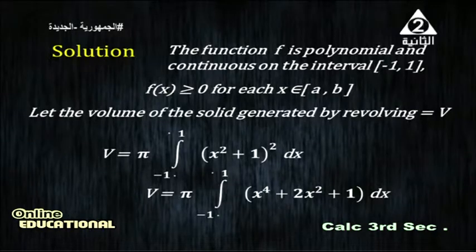This bracket can be expressed in the form x to the power 4, which is the square of the first term, plus the first term times the second term times 2, which equals 2x to the power 2, plus the square of the second term, which equals 1. Then V equals pi times the definite integral of x power 4 plus 2x power 2 plus 1 dx from -1 to +1.